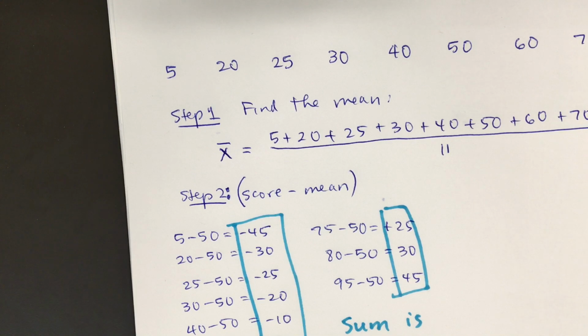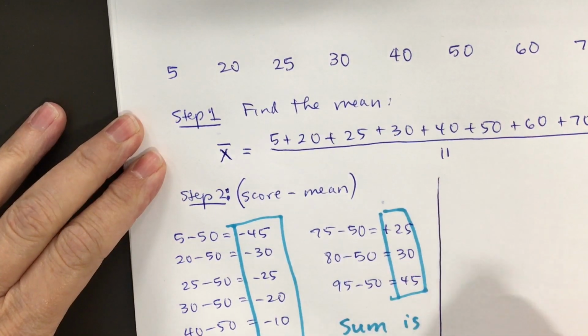And she was like, I must have made a mistake. I'm not getting 0. Oh no, you're fine. If you have some rounding like that, you might not get exactly 0 because it's called round off error. And it happens when you've rounded.